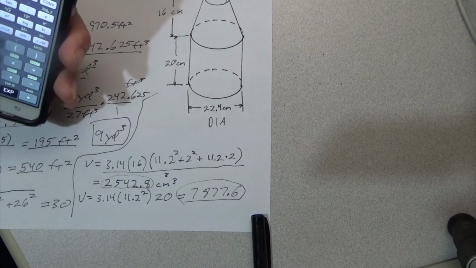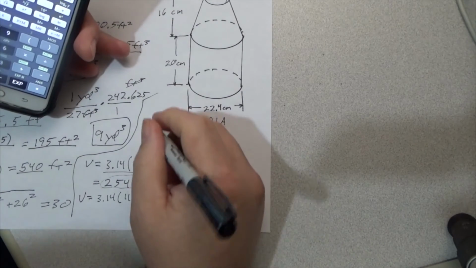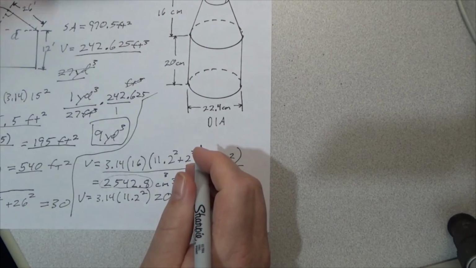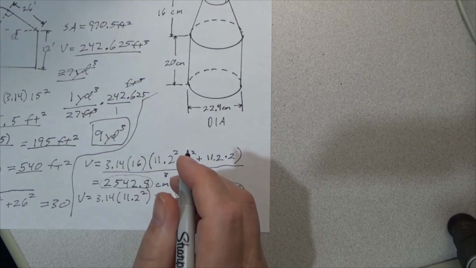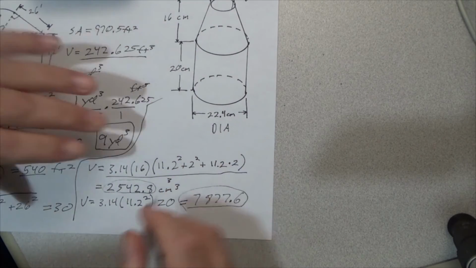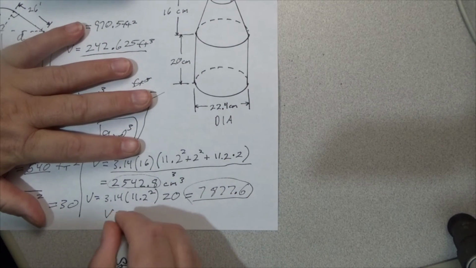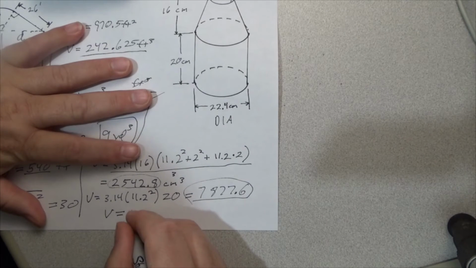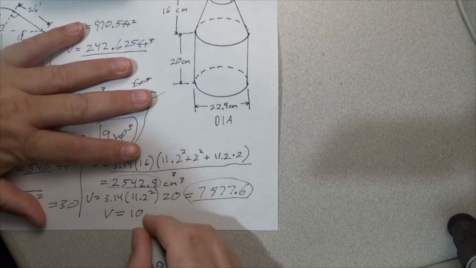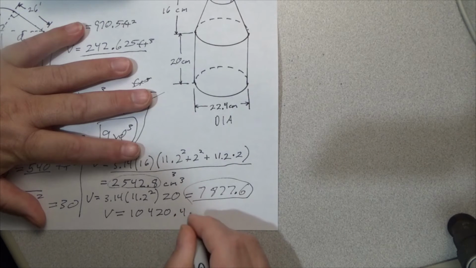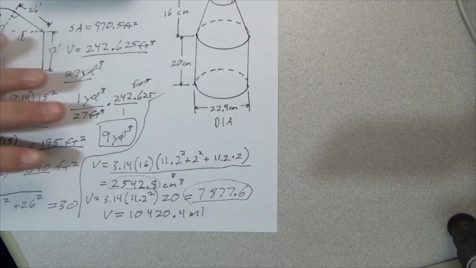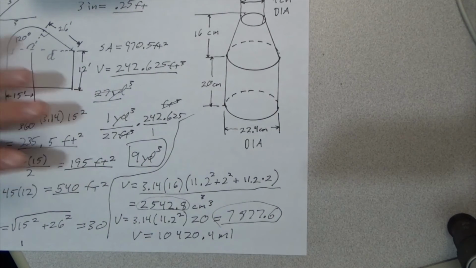So my total volume, I'll put it right down here. Total volume is 10,420.4 milliliters. Remember I said cubic centimeters is the same thing as milliliters.